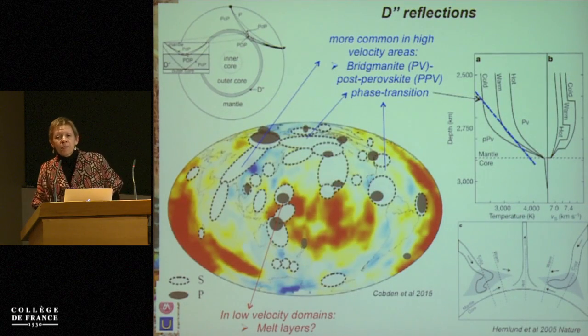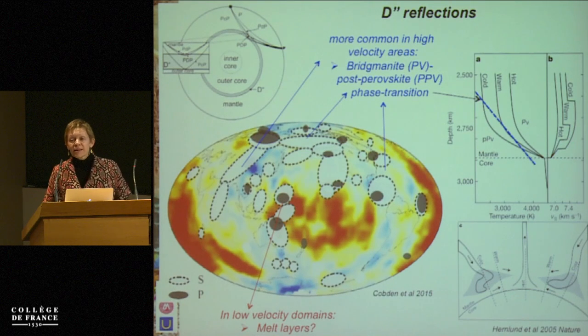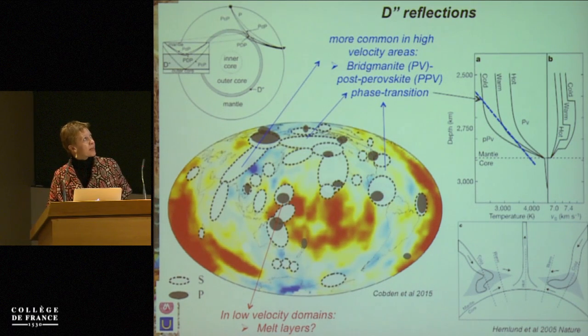And the last type of observation that can be used to detect anisotropy in the lowermost mantle is to use the D double prime reflections. Essentially they are analyzing waves that reflect at the top of the D double prime. They were first used for getting information on the phase change.